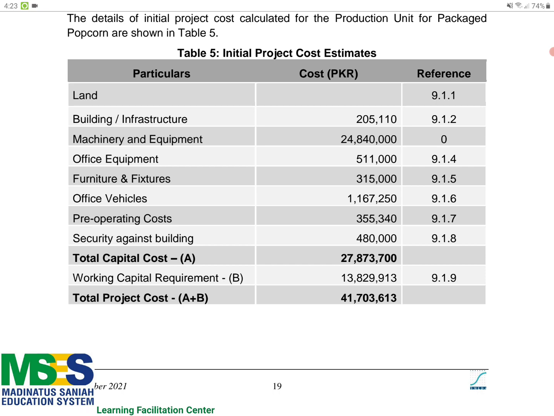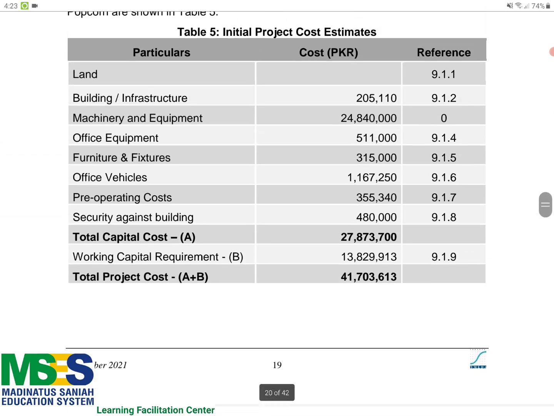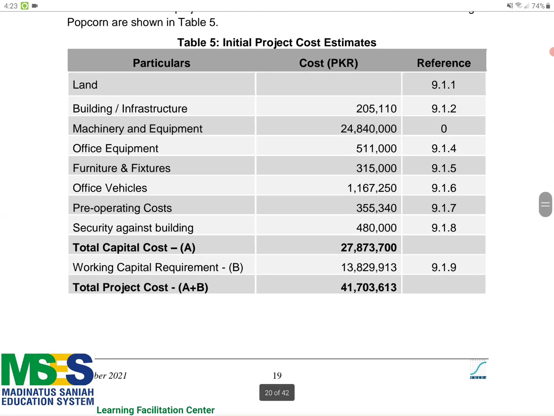The equipment, what is the most expensive part? Machinery and equipment. 24 million is spent only on machinery and equipment, 24.8 million.